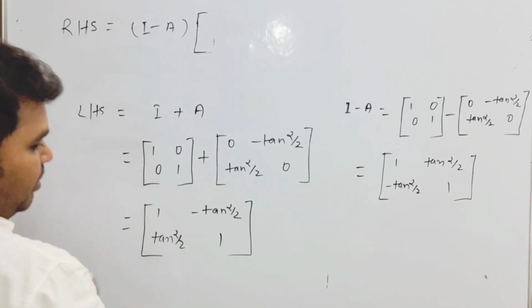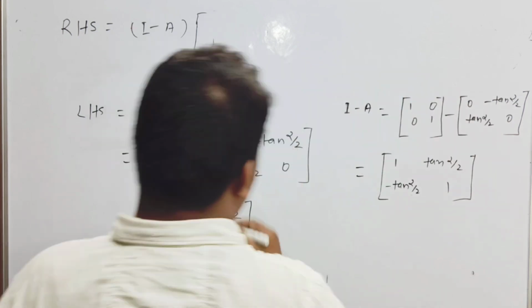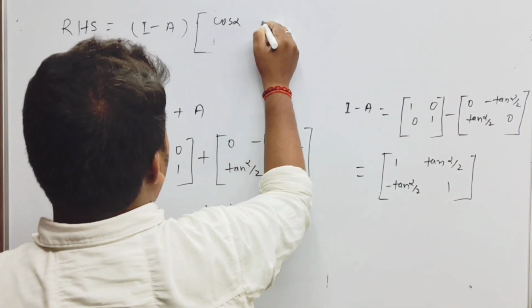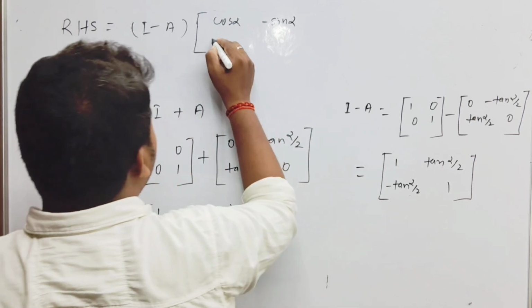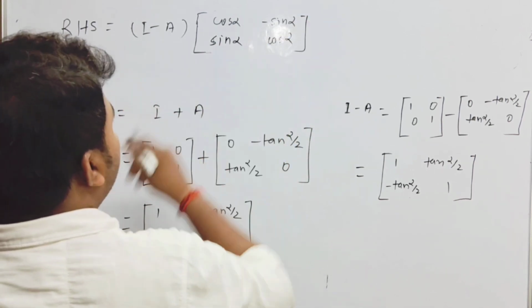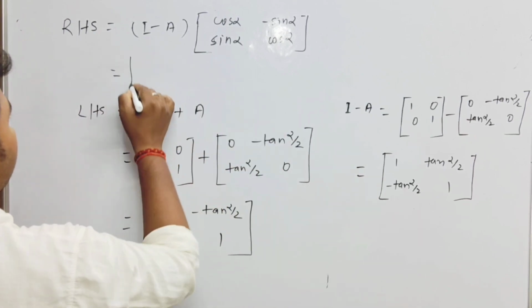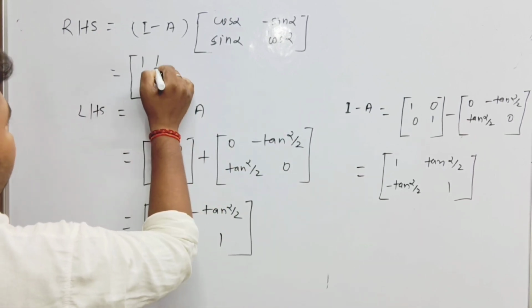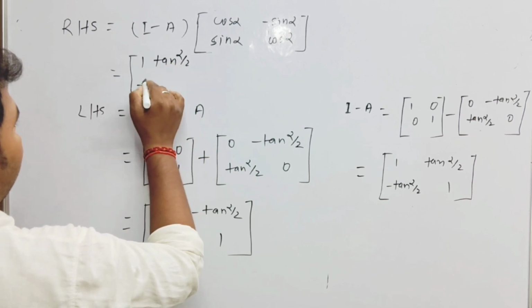We have two matrices given. The given matrix is [cos alpha, -sin alpha; sin alpha, cos alpha]. Here this is our inside matrix. Then we write this as [1, tan(alpha/2); -tan(alpha/2), 1] times [cos alpha, -sin alpha; sin alpha, cos alpha].